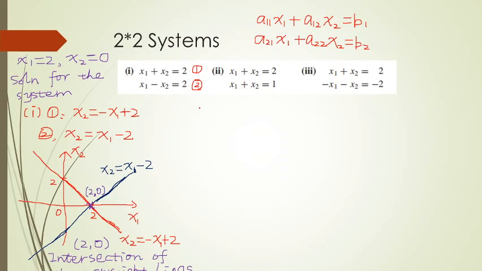I know it might be easy for some of you to solve this 2 by 2 system in a linear algebraic way, but we are trying to look at it in a geometric way, okay, to interpret each linear equation as a straight line.